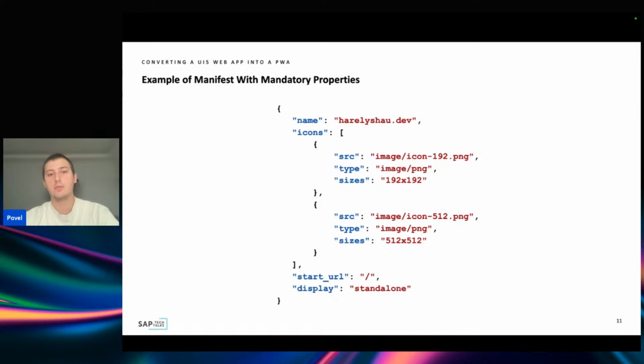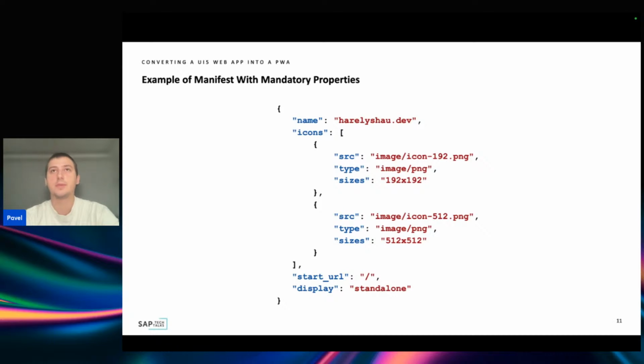So here I'm providing name. It will be responsible for showing the name in installed applications. Icons will show the icon. I provided two icons here for different screen resolutions. Start URL is responsible for which page will be opened initially. In my case, it's just slash. It means that index.html will be opened.